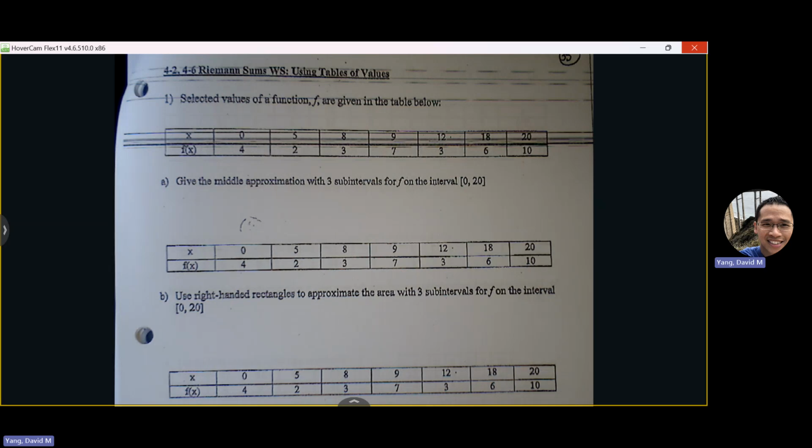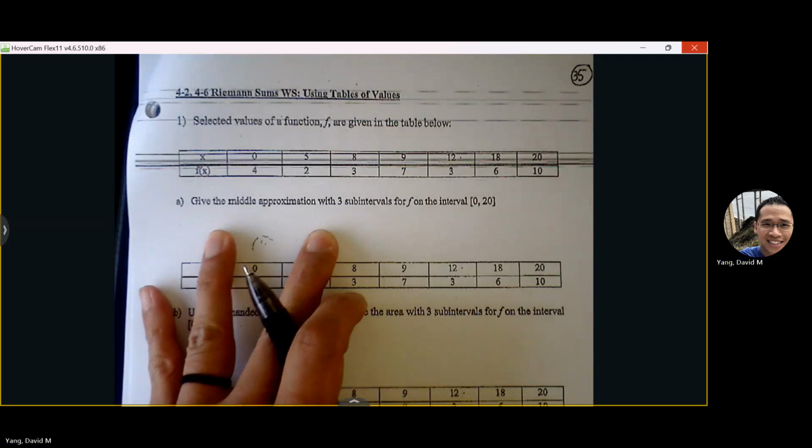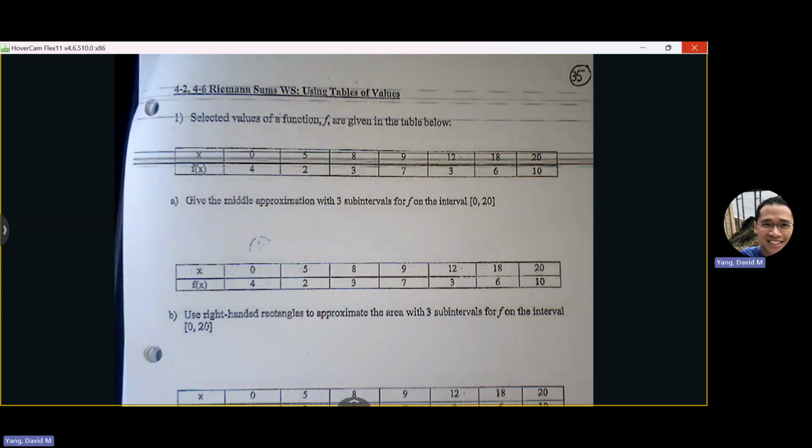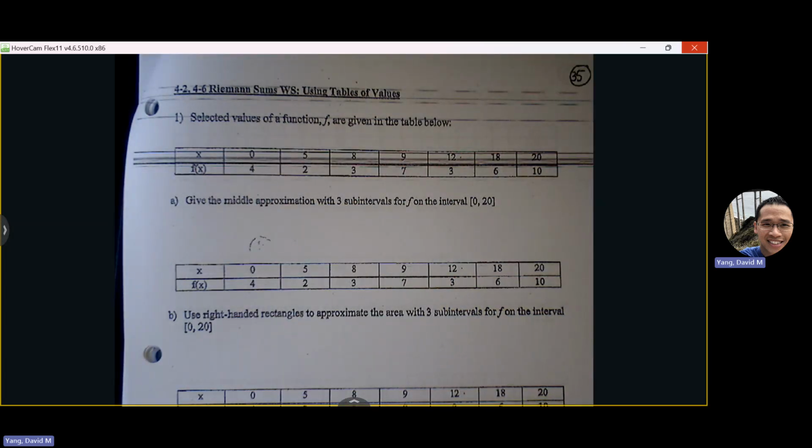And it should be easy. They're just pulling the information not quite the correct way. So I want to show you how we can use left rectangles, middle rectangles, right rectangles, and trapezoids, or pull those approximations from the table of values.